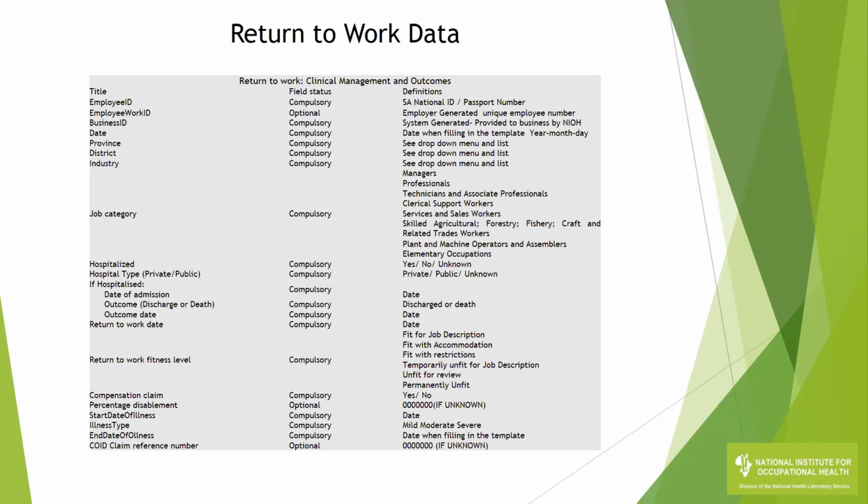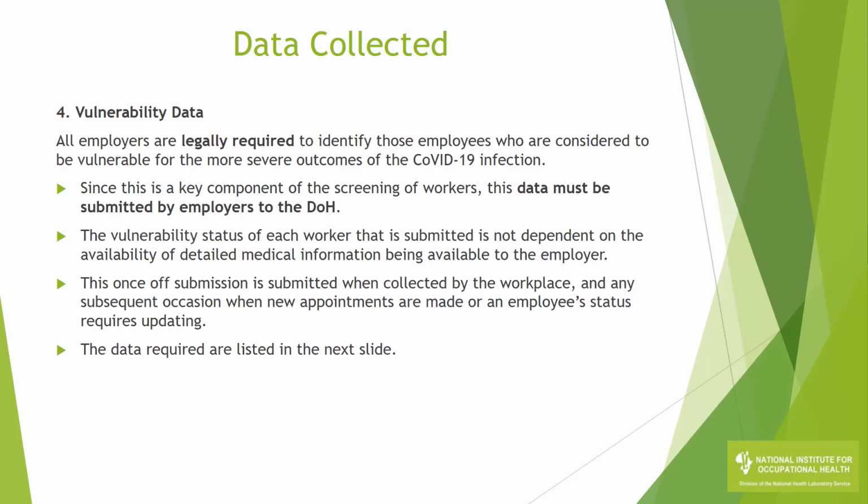So that is the start date of illness. Illness type, you get to choose between mild, moderate, or severe. And then end date of illness, which is the date when the employee was healed or fit to come back to work. Ashraf, we can move on to the next slide.